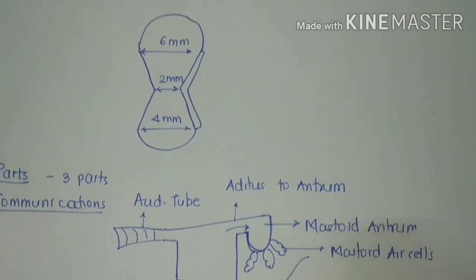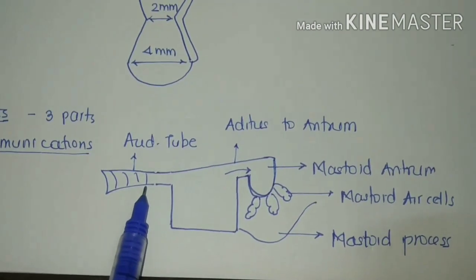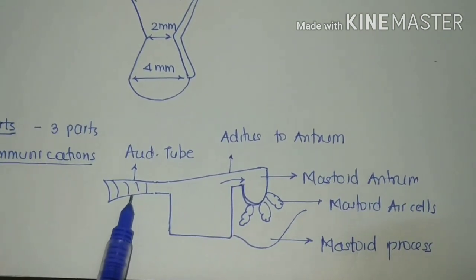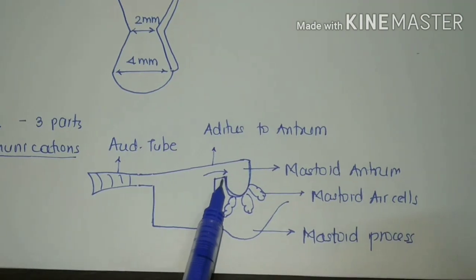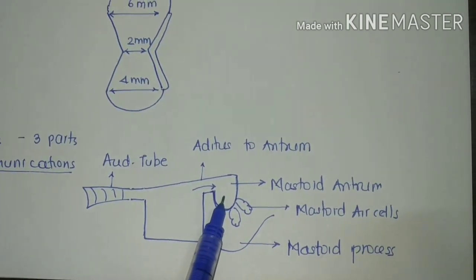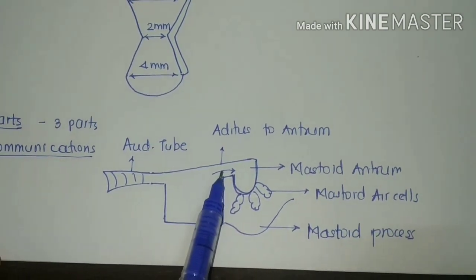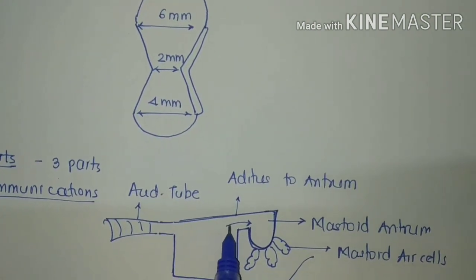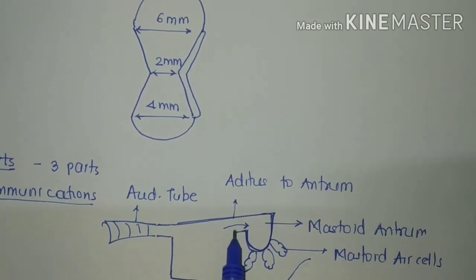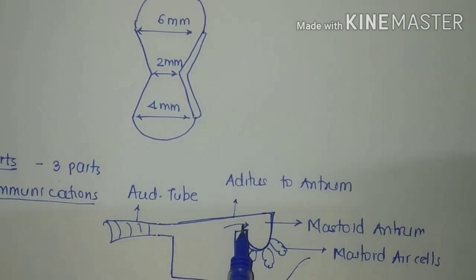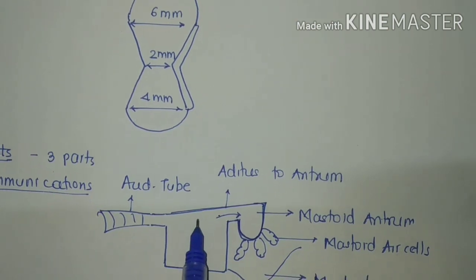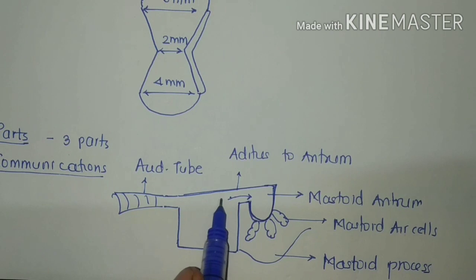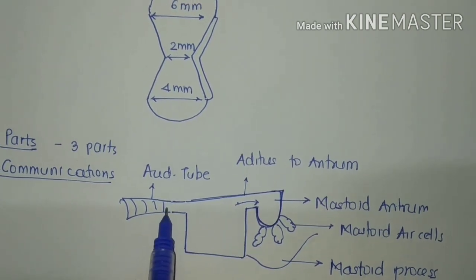So there are two communications, the anterior communication as well as the posterior communication. Anteriorly it communicates with the auditory tube, and posteriorly with the mastoid antrum through the auditus to antrum. The middle ear is likened to a pit or trap in the sloping course of the auditus to antrum, the middle ear cavity, the epitympanic recess of the middle ear cavity and the auditory tube.